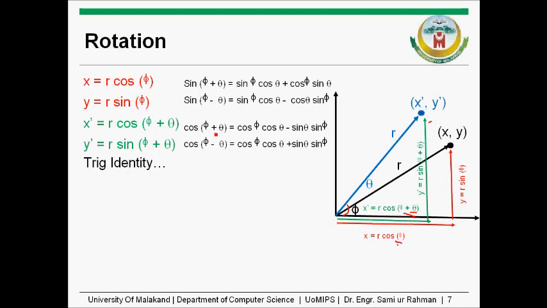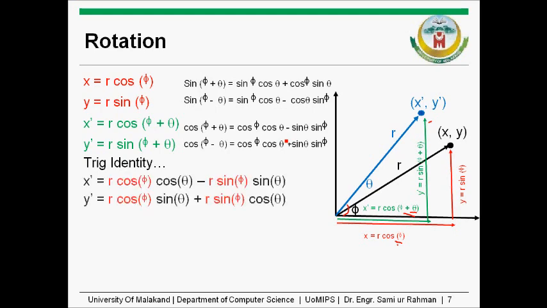When you have a positive sign, you take a negative sign, and when you have a negative, you take a positive sign. So these are the important trigonometric identities which we can use for simplification of our equations. Clear? Now we can expand this equation.